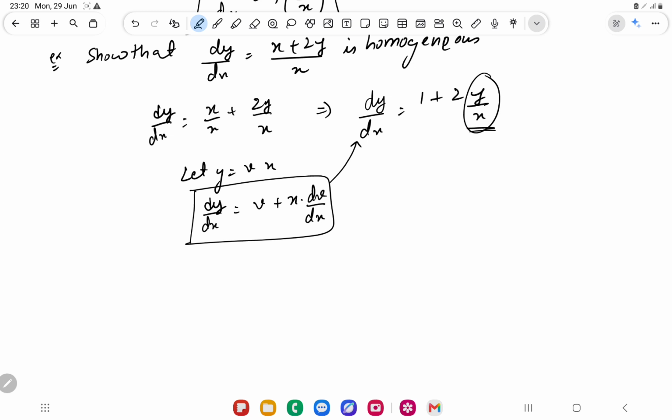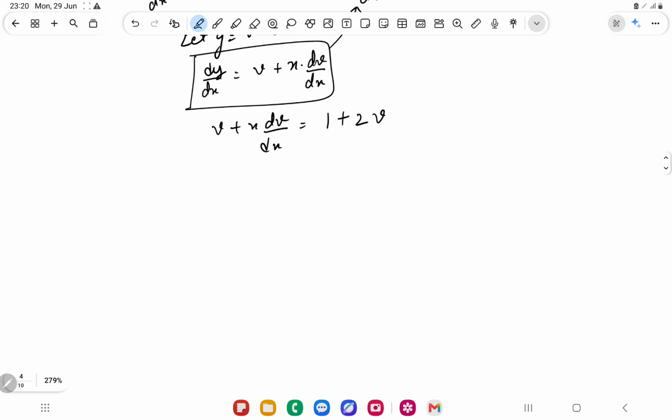So comparing with the differential equation, I can write x dv over dx is equal to 1 plus 2v. Now we just need to simplify this. So I can write x dv over dx. This becomes 1 plus v. You can bring this v to the other side, so it becomes v.